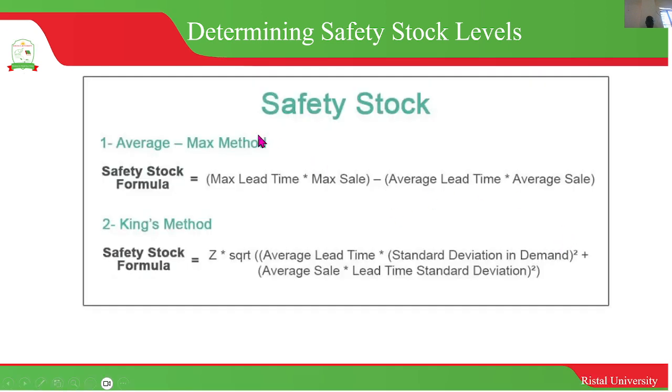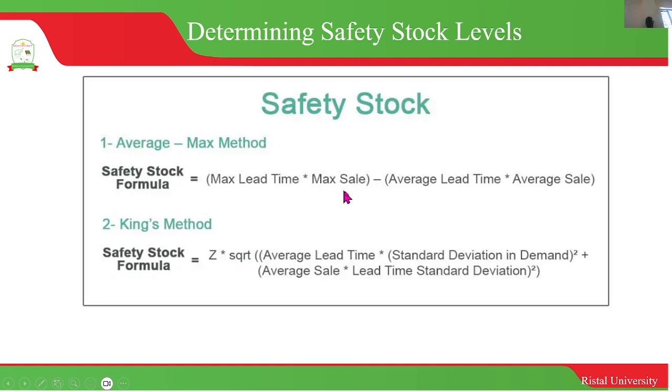Okay, so this is just a simplified formula of what I've just been reading in the previous slide. Safety stock, we can estimate it by using the average-max method. This is one formula that we use. We say the safety stock formula is given by the maximum lead time times the maximum sales for our facilities.